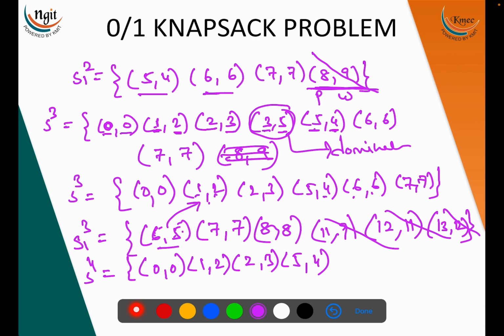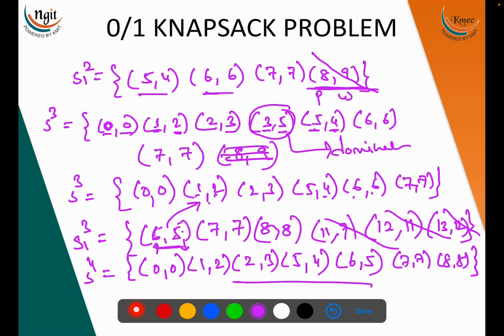Here it is (6,5), right? (6,5) means what? Your profit is high but weight is low. So what item will we be ignoring? The (6,6) item we will be cutting out of the picture. So now (5,4), next (6,6) we cut it, and (6,5) and (7,7) and (8,8). So these are the pairs of the last set.